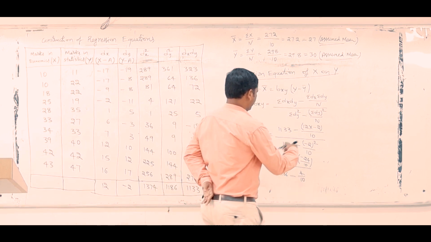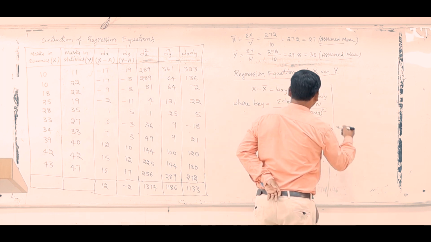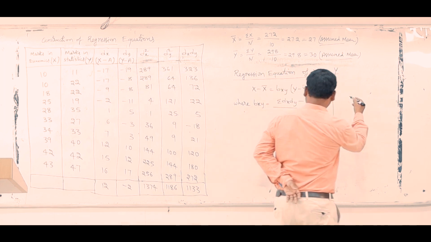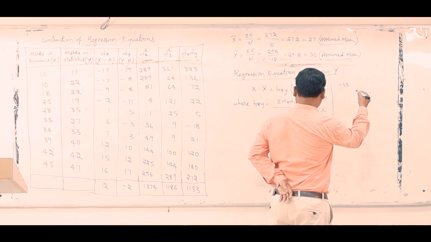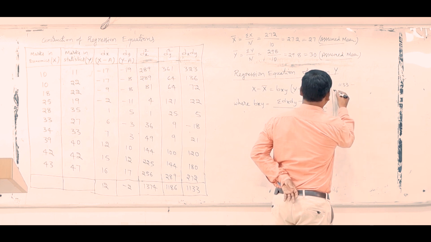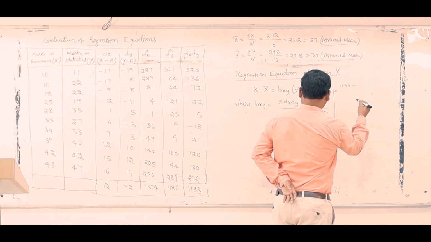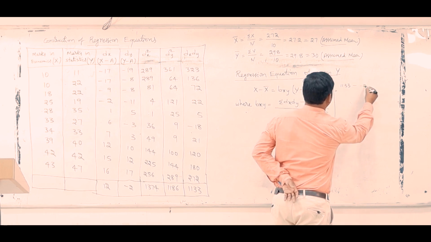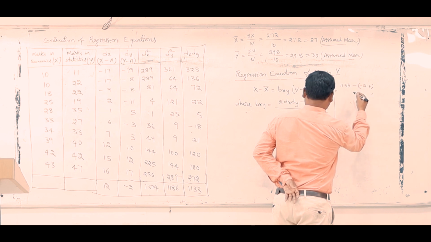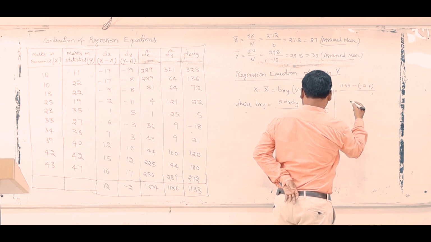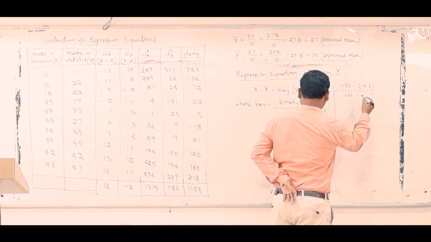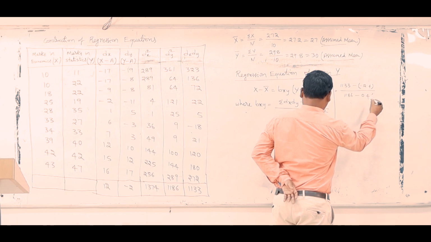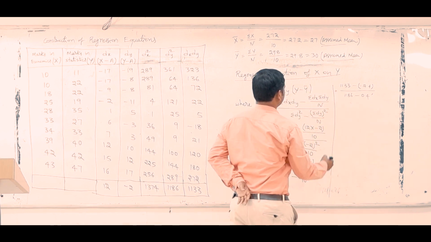So if we continue this, here it is 1133 minus, minus 24 by 10, it will be minus 2.4, divided by 1186 minus 4 by 10, it will be 0.4.